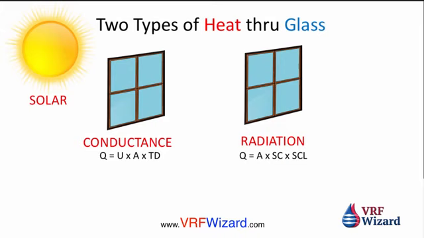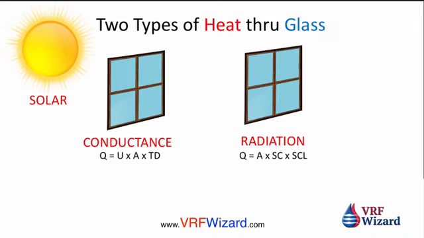So if you have real thin glass, real cheap thin glass, there's going to be a lot of heat gain through that glass. Nowadays they have high performance glass, they have double pane, triple pane, E-coatings, special glass to reduce the heat coming through the glass but allow you the visibility to see out of the glass.